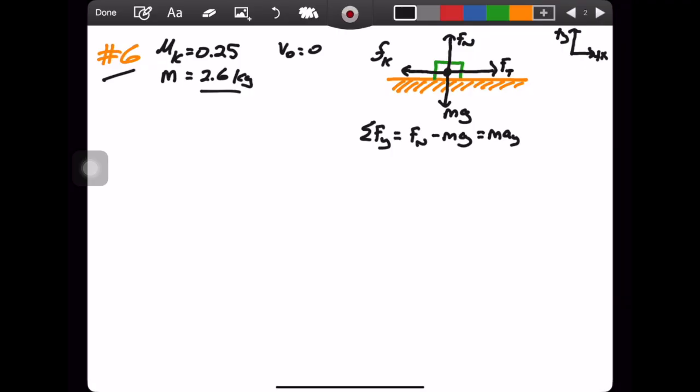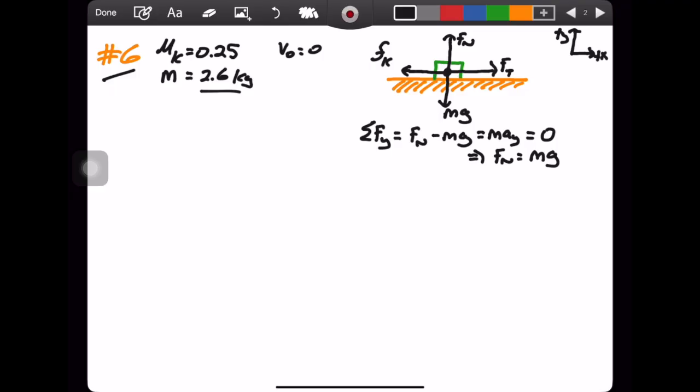If this is a problem where the motion is only happening horizontally, then there is no acceleration in the y direction, and so this is equal to 0. This allows us to say that the normal force is equal to mg. I just added mg to both sides. That's going to come in handy when we need to determine the frictional force, because the frictional force is the product of both the nature of the surface and also to what degree that surface is being pressed against another surface.